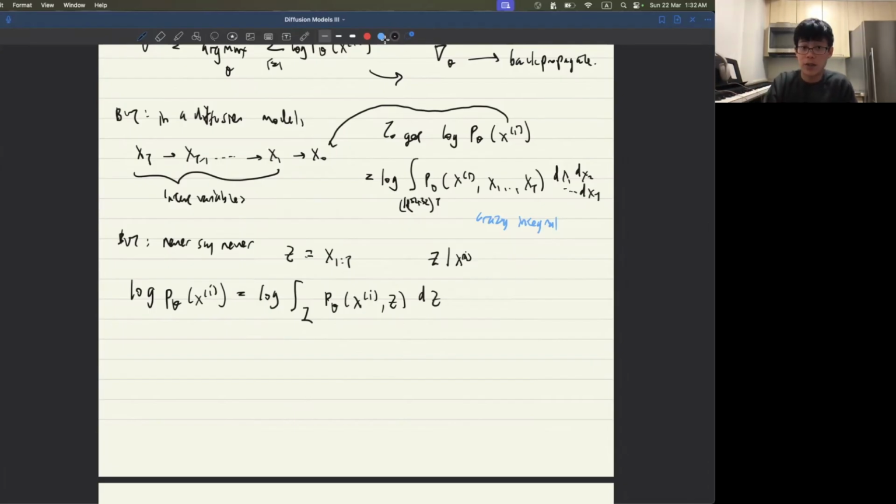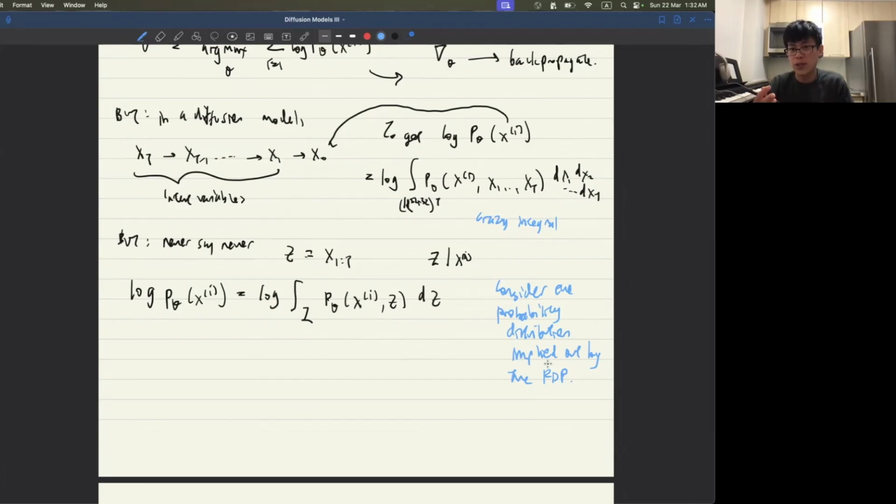So let me just write it down. Consider the probability distribution implied by the forward diffusion process, right? We understand the forward diffusion process very well. Each of the latent variables is just a multiplier times the previous latent variable plus some random noise.